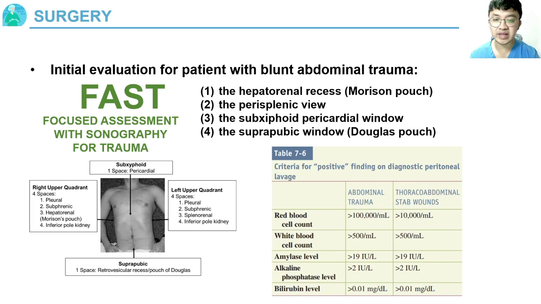The thoracoabdominal stab wounds have a lower threshold at 10,000 per mL, because again, that's the thorax and abdomen affected, so they have lower thresholds as compared to abdominal trauma, which is 100,000 per mL. Now WBC, that's 500, amylase, that's 19, ALP, that's 2, bilirubin, it's 0.1.